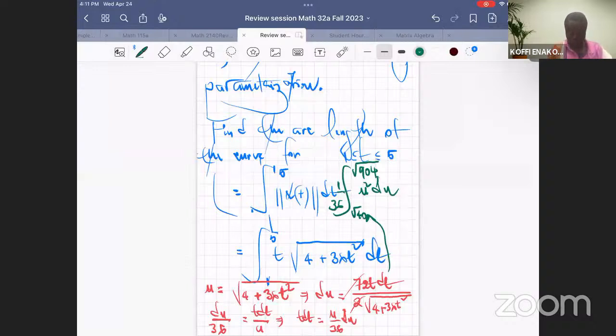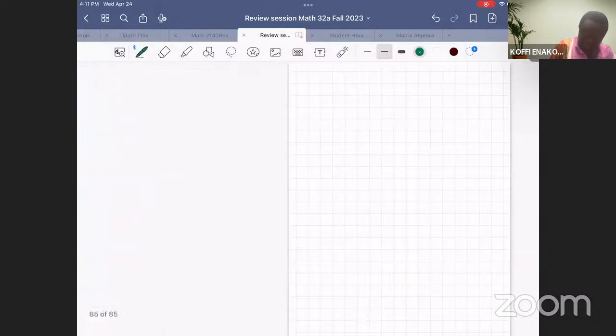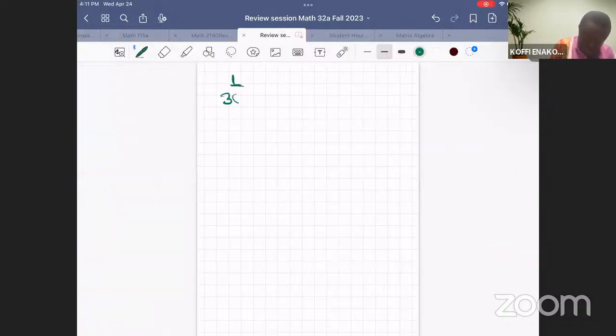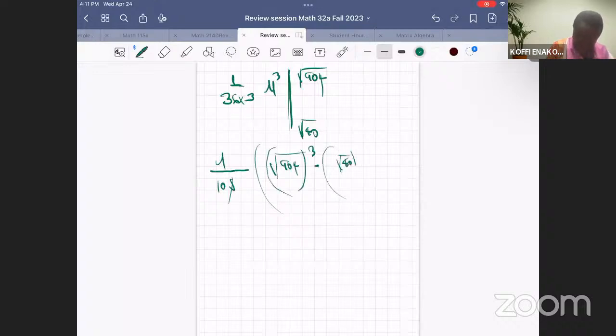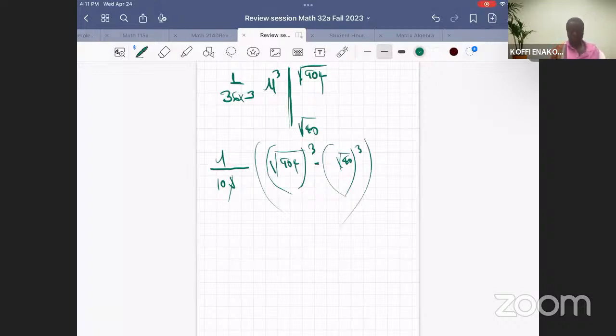So this will give me u cubed over 3 times 36, which you take between the root of 40 and the root of 904. So it's 1 divided by 108 with the root of 904 raised to the cube.